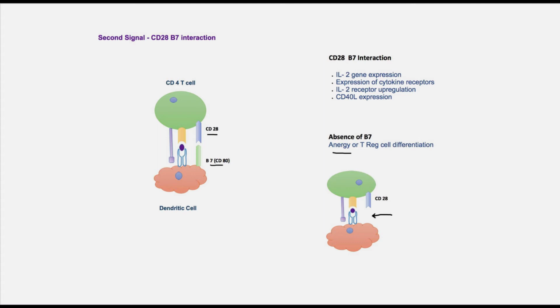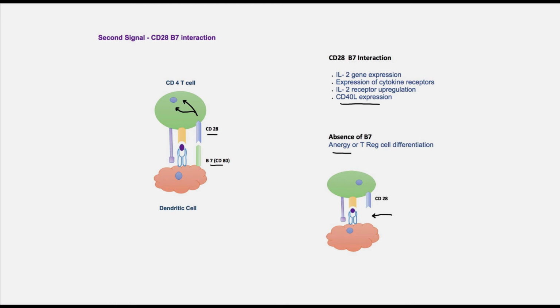Now suppose there is B7 and there is interaction of B7 with CD28. This will result in downstream signals from CD28 that will result in activation of transcription factors in CD4 T cells and expression of IL-2 gene and upregulation of IL-2 receptors on cell surface of these cells. This will also result in expression of other cytokine receptors on these cells and expression of CD40 ligand molecules on cell surface.